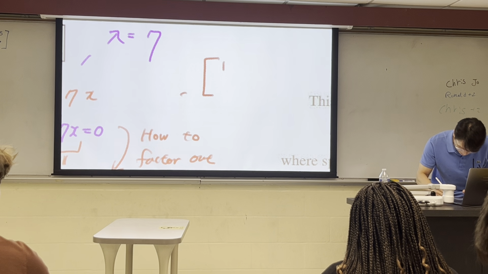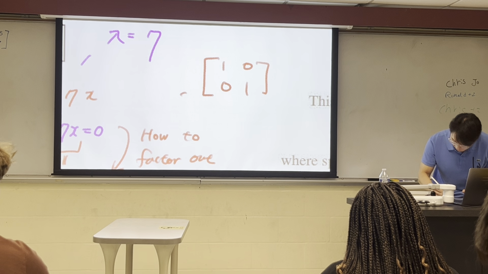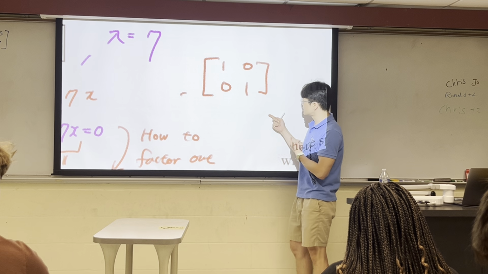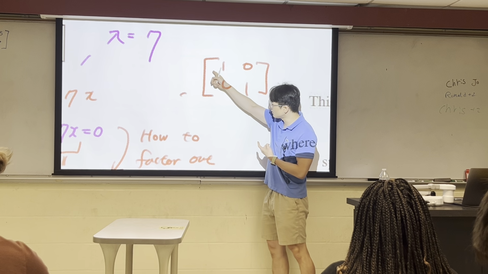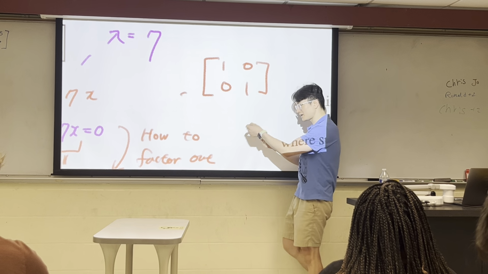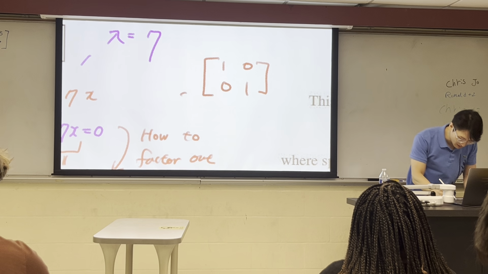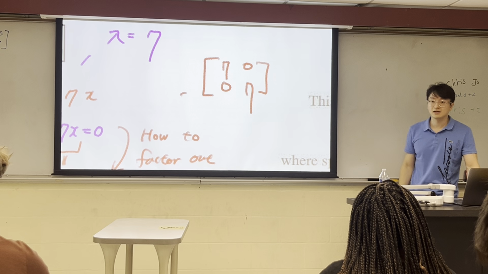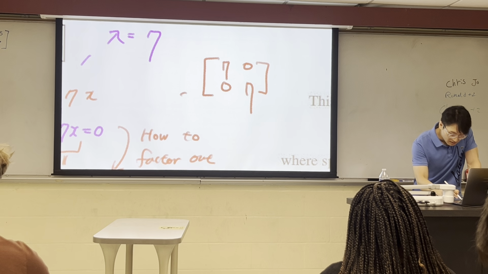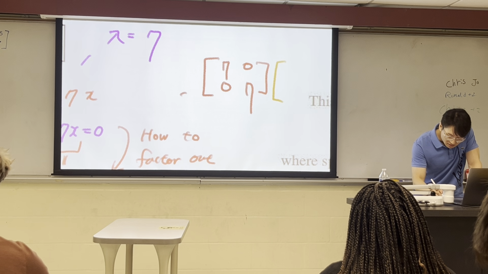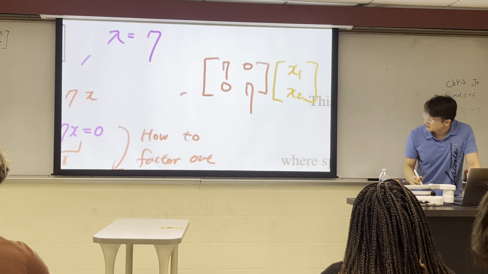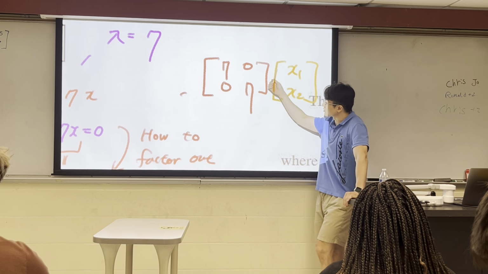The identity matrix has ones on the diagonal. If we multiply that identity matrix by some scalar, you just write the scalar on the diagonal. In this case, we have 7. And this will essentially do the job, same as multiplying by the scalar.